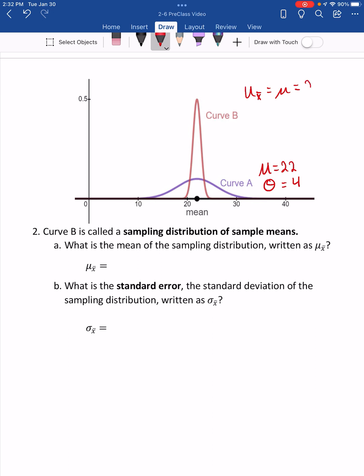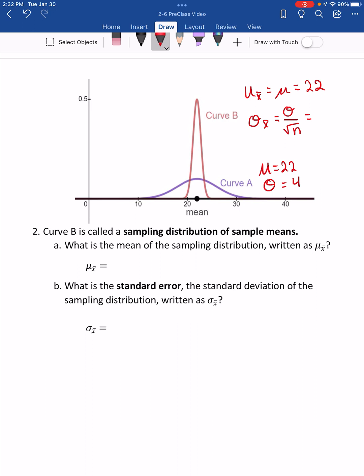And we said that they have the same mean. That's true. That's part of the theorem. Now, the standard error, which is the name we give the standard deviation of the sampling distribution, is smaller because I take that population standard deviation, sigma, and divide it by the square root of n. We can do that because we've got both numbers.